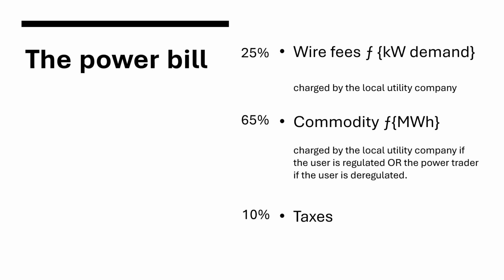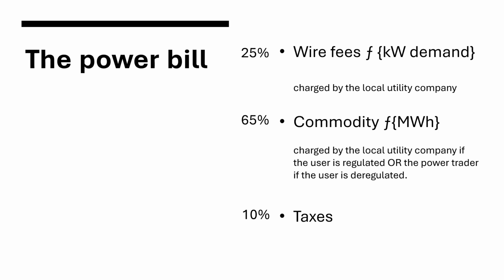Around the globe, the power bill includes, roughly speaking, 25% of what we call wire fees, which is basically a function of the kilowatt demand, and that is charged by the local utility company.